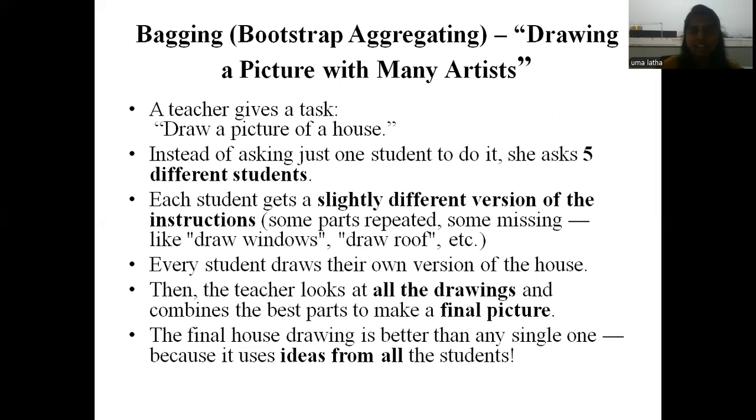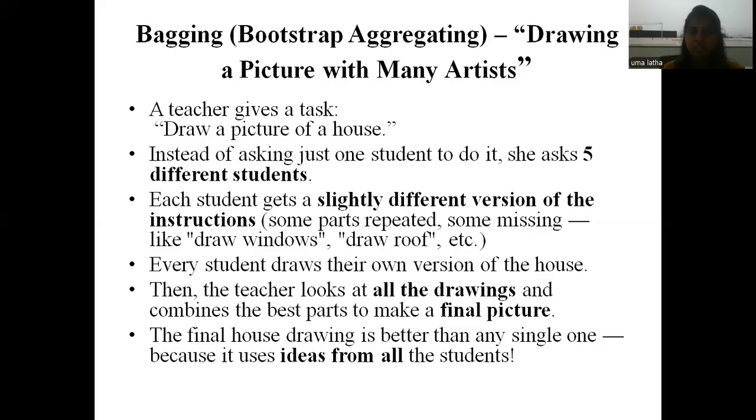For example, bagging, bootstrap aggregating, is like drawing a picture with many artists. A teacher gives a task to the students: draw a picture of a house. Instead of asking just one student, she asks five different students. Each student gets a slightly different version of the instruction.